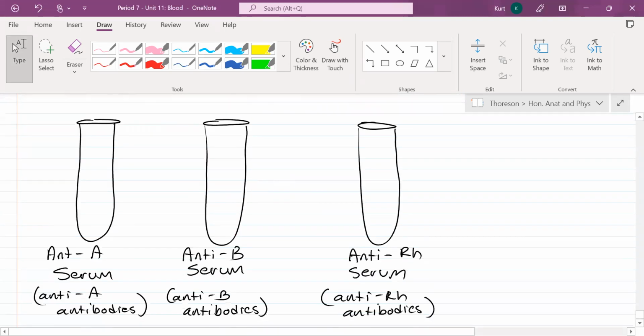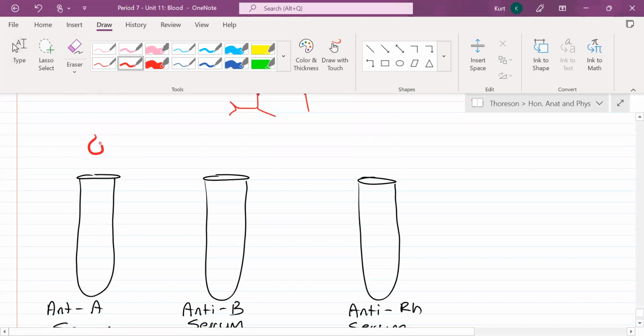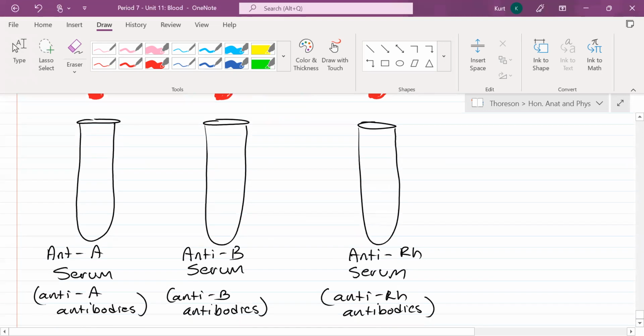So when you see a reaction, that means that the antibody and the antigen are a match. It's going to take a few tries for you to get this, but I think you'll eventually get it. So let's say we have Eva's blood, and the technicians or the nurses are going to put a few drops of her blood into each of these vials. They need to find out what her blood type is so they know what patient to give it to.